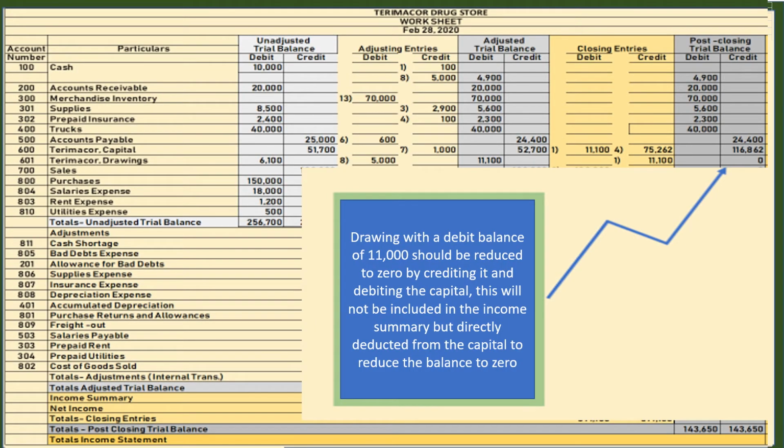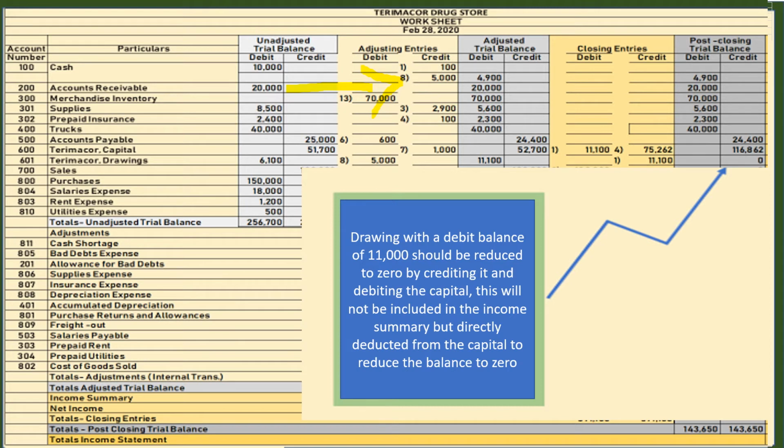So we're going to do the same thing with what we did on the unadjusted trial balance. In the unadjusted trial balance, we record the adjusting entries. And then, after the adjusting entries are plotted, we prepare the adjusted trial balance. This time, we're going to use as the basis the adjusted trial balance.